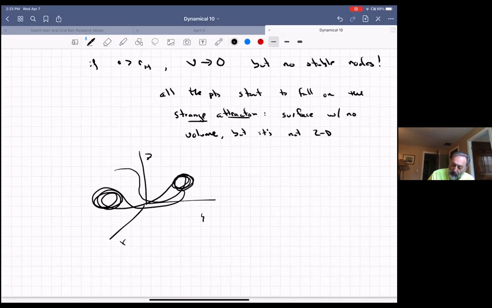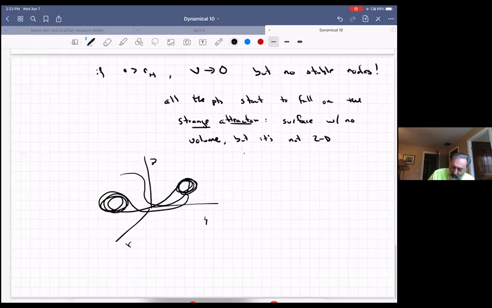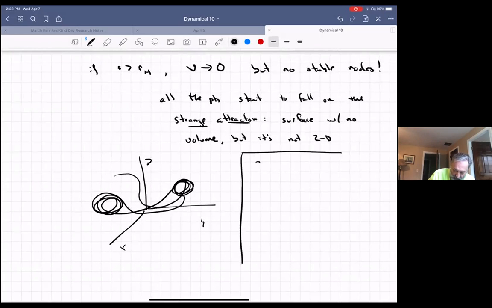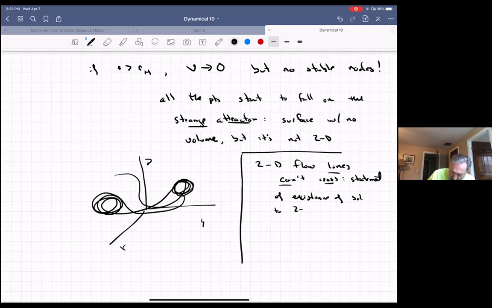So the issue is that in 2D, your flow lines can't cross, which is our statement of the existence of solutions to a 2D ODE.